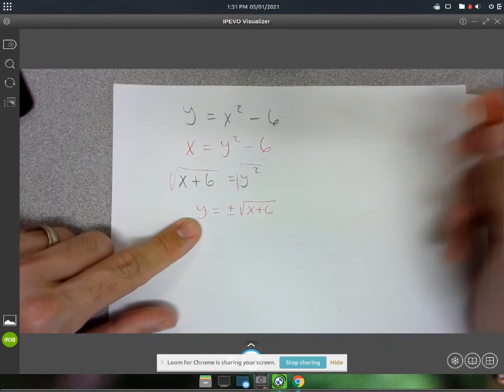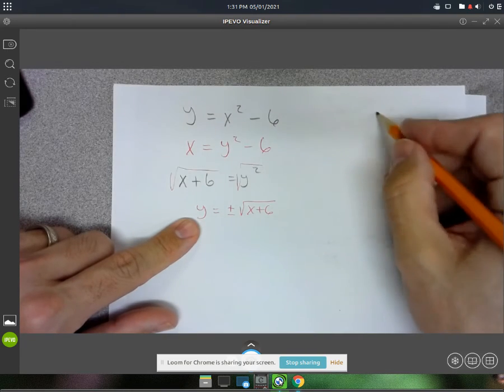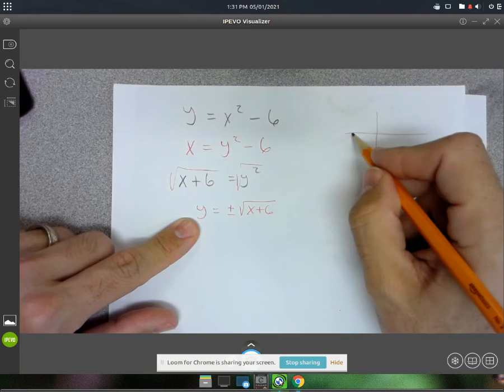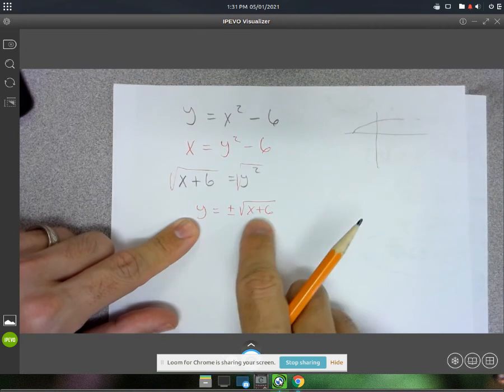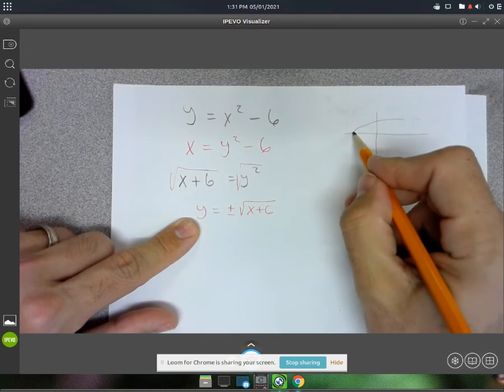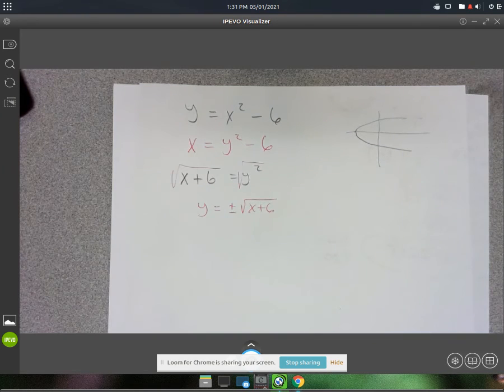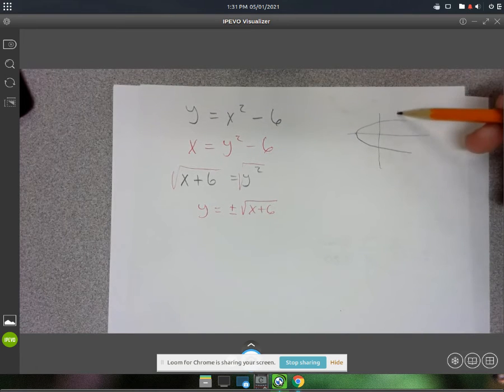The graph of this is going to end up looking something like this, where you've got the positive version of the square root of x plus 6, and you've got the negative version as well. So this thing will end up failing that vertical line test again.